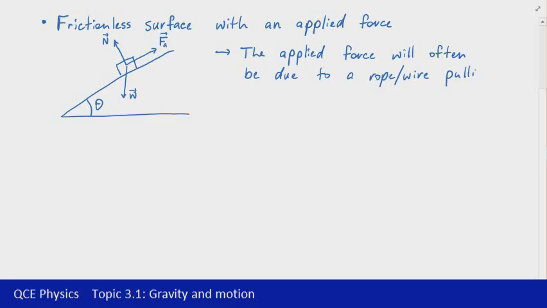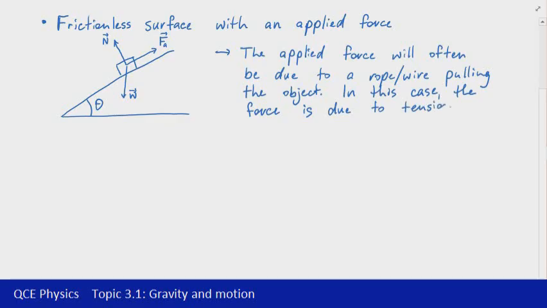And so the idea of a tension force, it's basically just the force that exists in a wire or a rope. So that term tension is one that you need to be familiar with. Oftentimes we'll use a T instead of FA. So in this particular case, the applied force could actually be a tension force rather than just someone, say, pushing it or grabbing the object and pulling it.